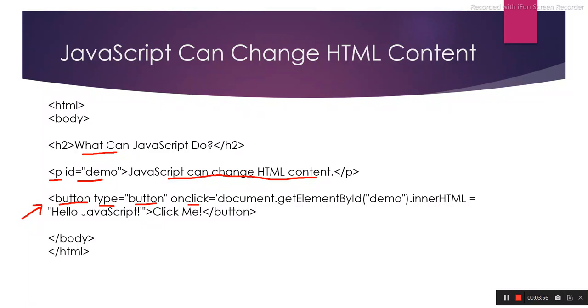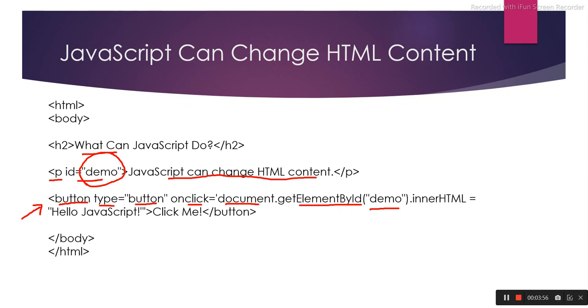On click, that is, when I am going to click the button, what is going to happen? See here, document dot getElementById. Document is nothing but your web page, the page which appears on the browser. I am going to get the element by id. What id? Demo, which is this paragraph.